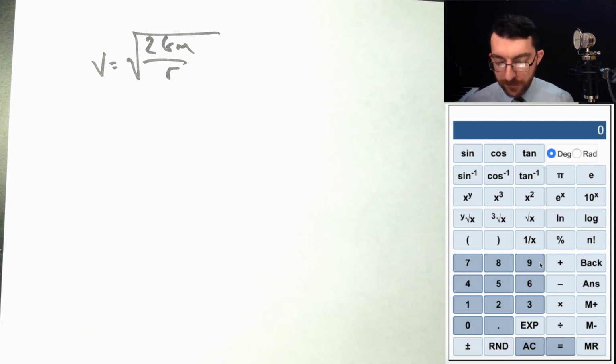So if we have a velocity that we know about, we can treat the mass and the radius as the unknowns. Now here's the thing. Because we're used to the planet Earth, we kind of want the mass and the radius to be connected to each other.